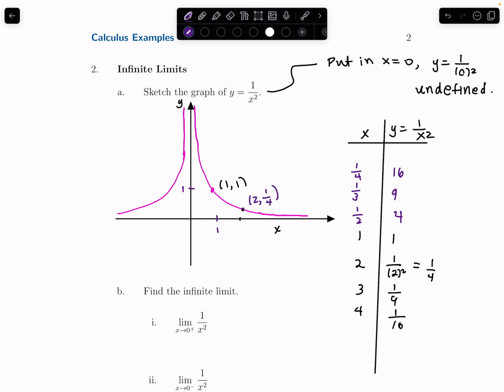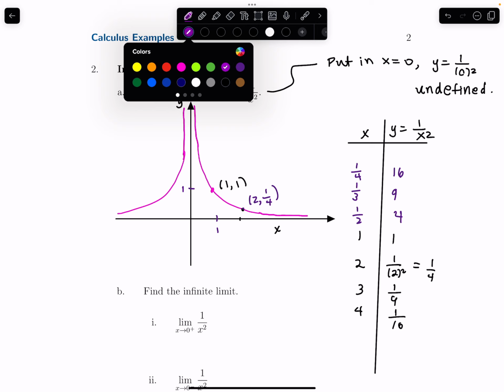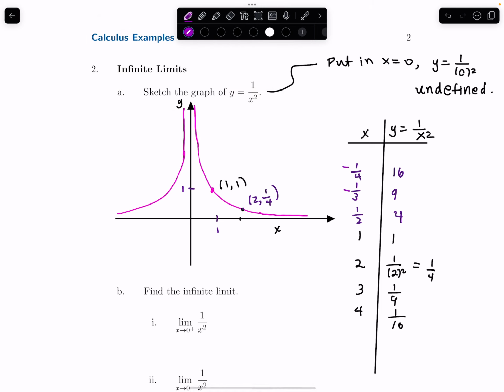Now, what would happen if I put in negative 1/4? Well, I could take the reciprocal, get -4, and square it, 16. So the negative squared makes positive 16. Put in negative 1/3, reciprocal -3, squared, and you get 9. So putting in negatives gives the exact same value for y. -4 squared is 16.